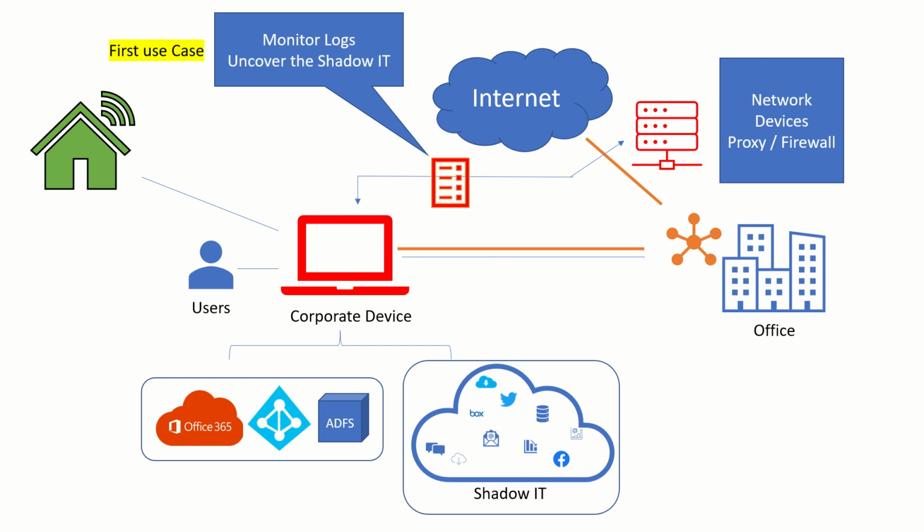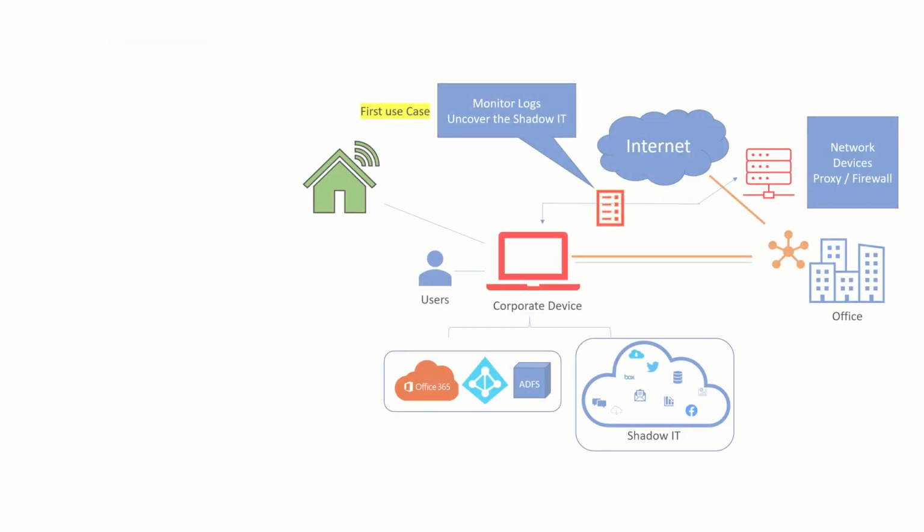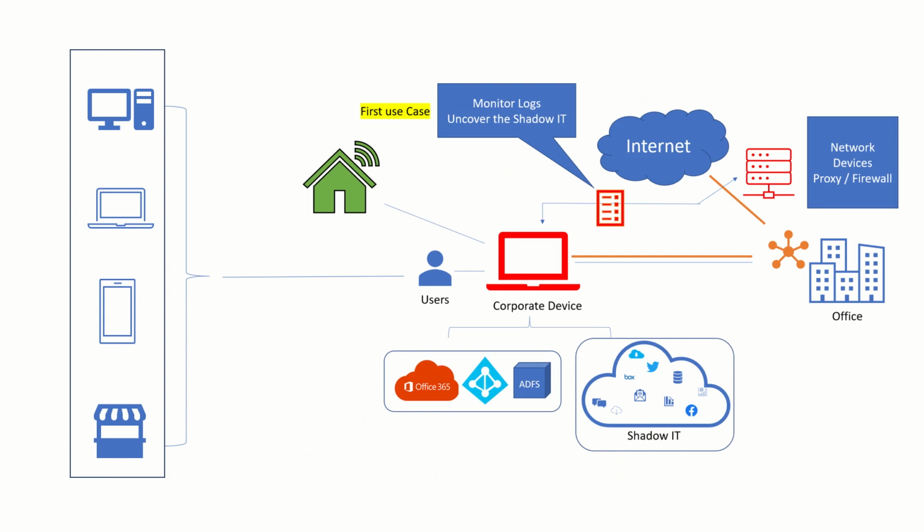Now let's say that this user is no longer using a corporate device. He or she is using a personal PC, laptop, or mobile, or let's say a kiosk machine somewhere in a cafe or an airport.